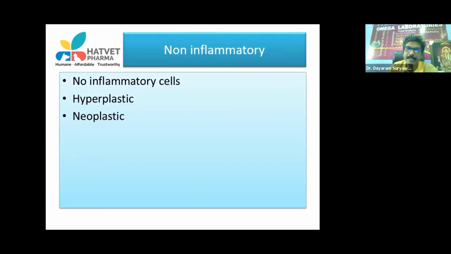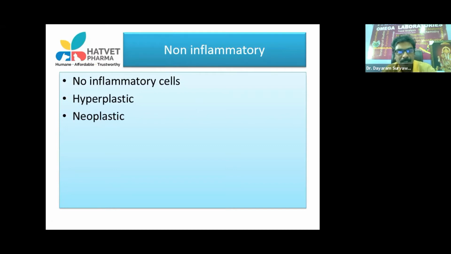Then non-inflammatory cytology. Some of the lumps in the body, some growths, some hyperplastic lesions or hyperplastic growth in the body, generally may have no inflammation. It may be physiological, maybe chronic irritation or hormonal changes.